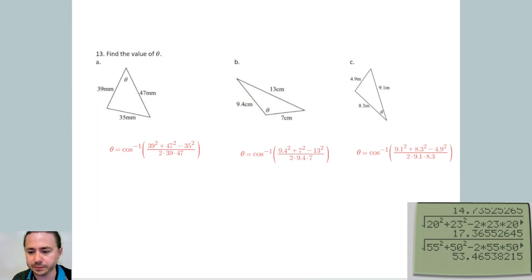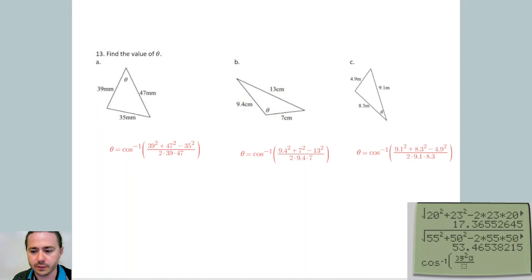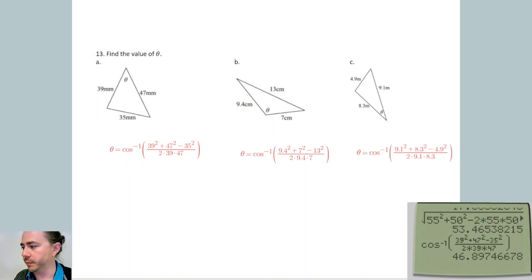Inverse cosine of 39 squared plus 47 squared minus 35 squared all over 2 times 39 times 47. All right, so we get about, was that 47 degrees?